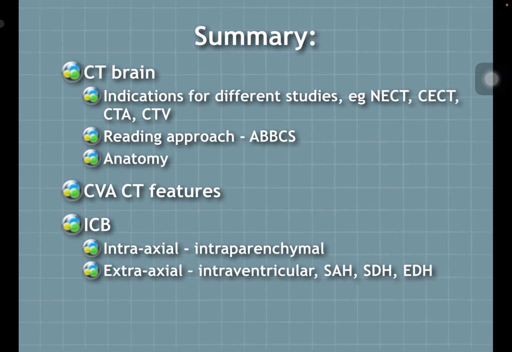We briefly reviewed the basic anatomy, and then we discussed the CT features depending on the timing of patient presentation, and we have also gone through the different types of intra-axial and extra-axial hemorrhage. So finally, this is my reference for my presentation, and thank you very much for your attention.